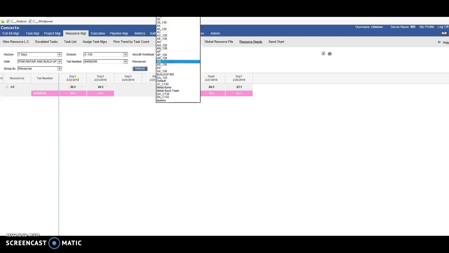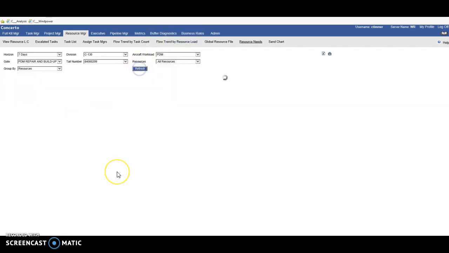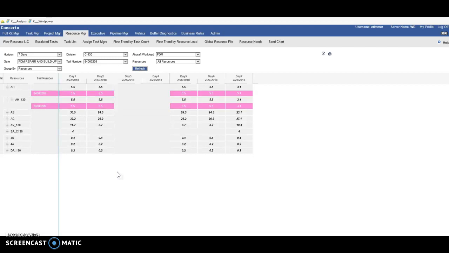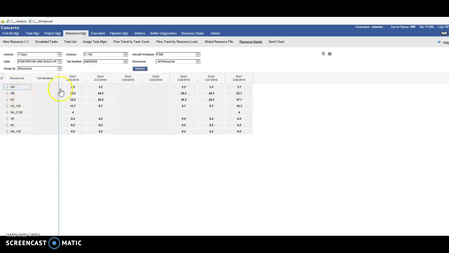Or if I want to look at all the resources needed on that aircraft, the AMT can look at this if we wanted them to, and say, if this aircraft is in work and I want to fully man load this thing, that's what this looks like. Of course, keeping in mind that I need 24 sheet metal mechanics, but some of that sheet metal work may be tailing down. So maybe today I don't need 24, I only need 15, based on the actual work cards that are remaining.